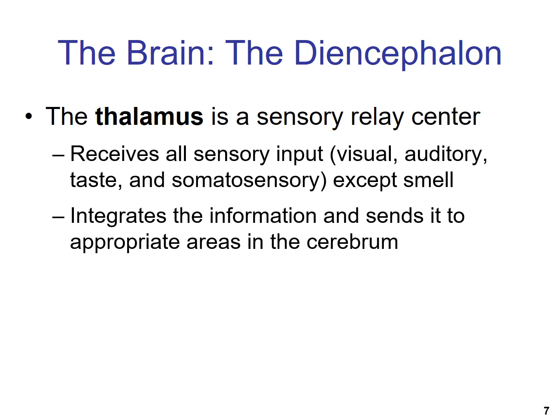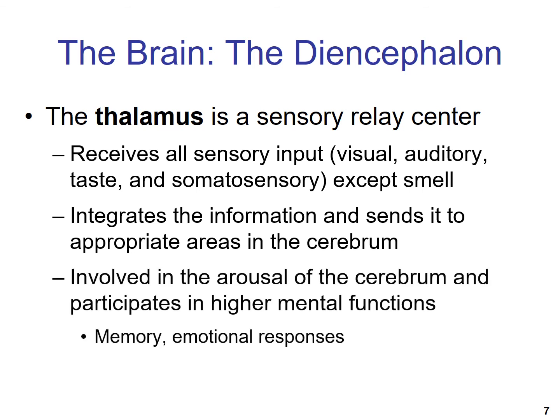So if you see something, before that sensation gets to the visual area or the visual association area, it passes through the thalamus, and the thalamus routes it to the appropriate area in the cerebrum. This is also involved in the arousal of the cerebrum, and that basically means waking up. It also participates in some higher mental functions like memory and emotional responses.